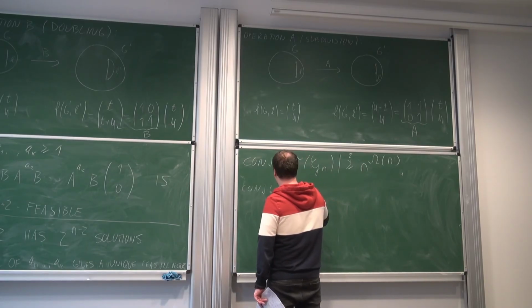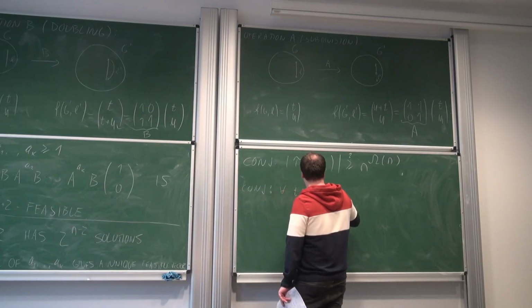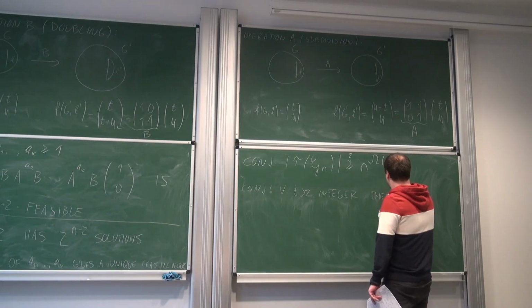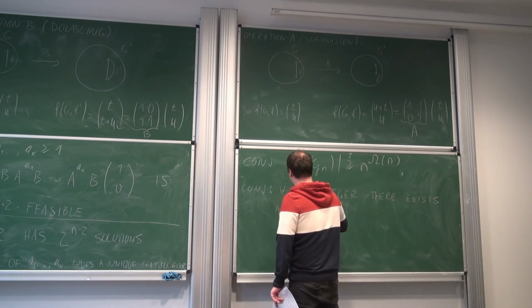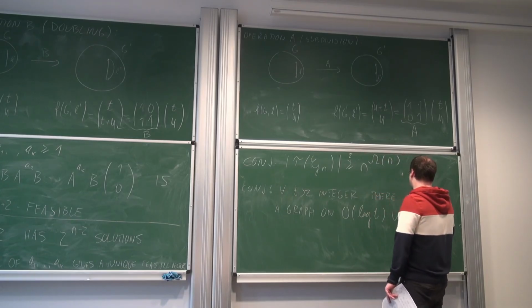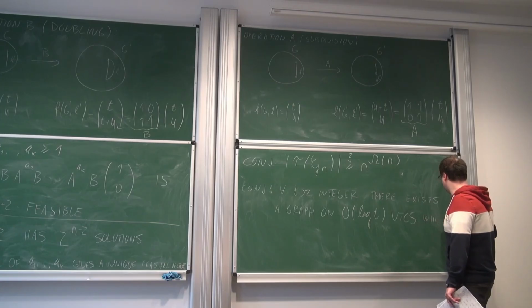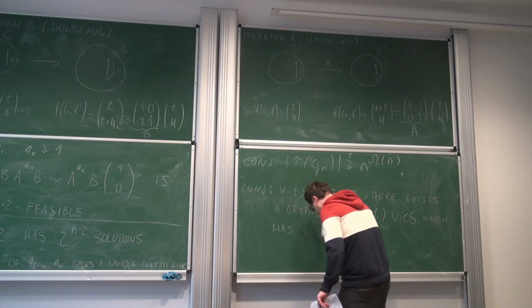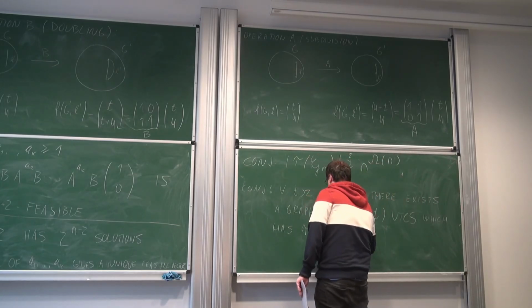So the conjecture: for any positive integer t greater than 2, there exists a graph on big O of log t vertices, such that tau of G is equal to t.